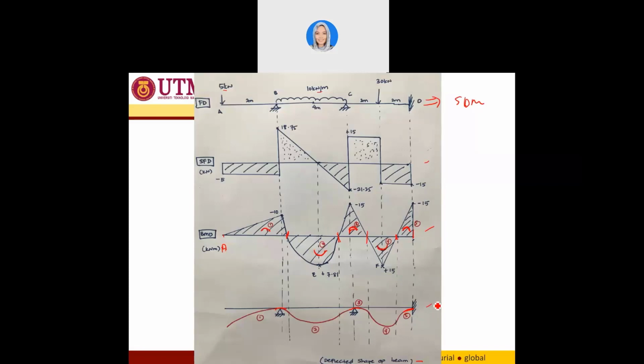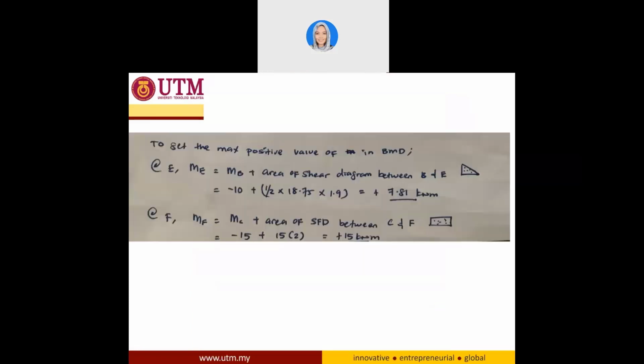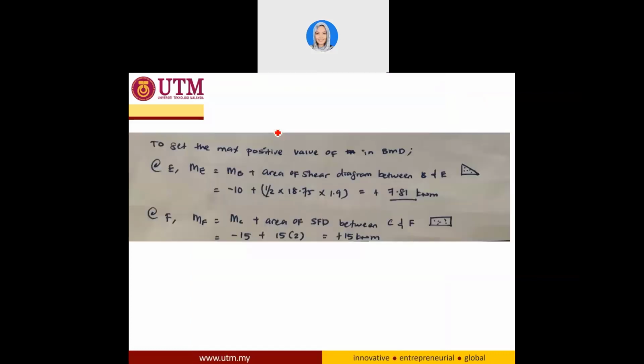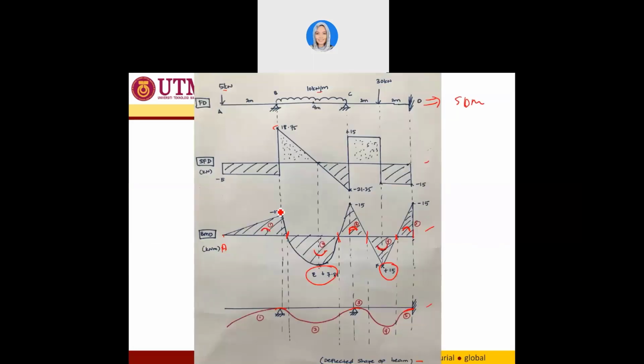Okay, in order to get the values at E and F, at E, the moment is equal to MB plus the area of the shear diagram between B and E. So you take the moment at B plus the area of the shear force diagram of this one, and you can get E equal to this.